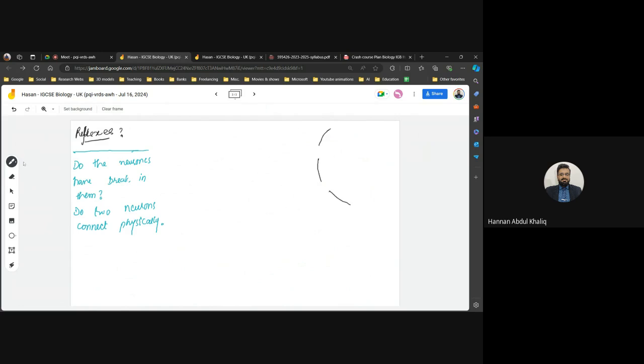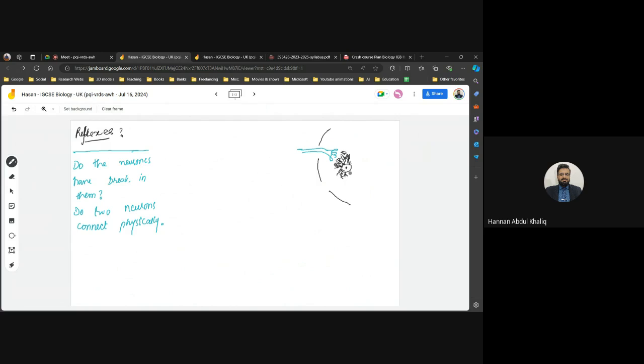If I redraw the spinal cord, you will clearly see that the axon is coming here. These are the last part of the axon, and over here you see the relay neuron, having many dendrites on it, but none of the dendrites is basically touching the axon physically.